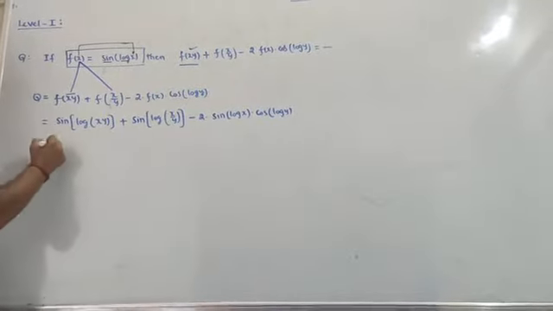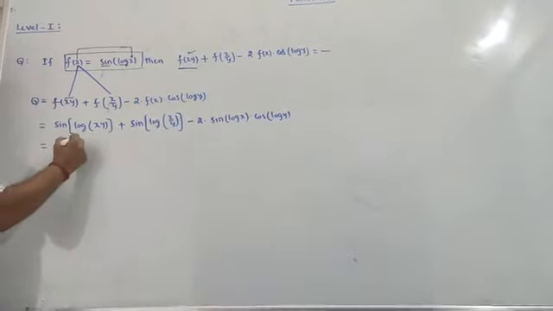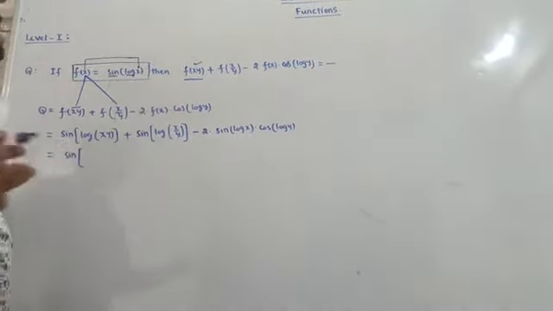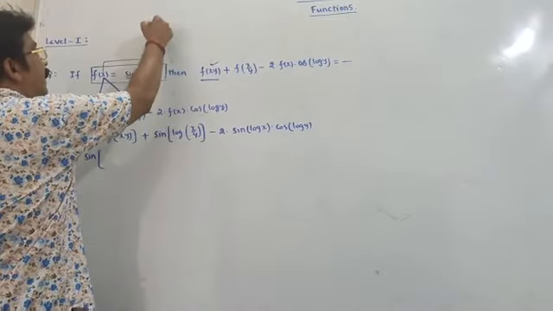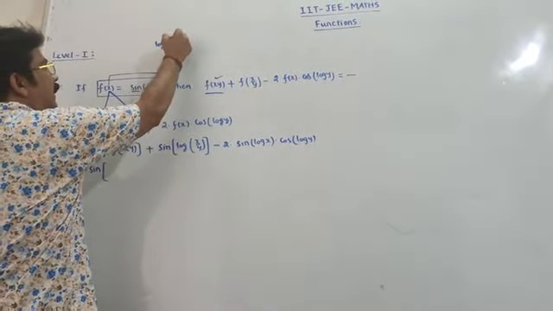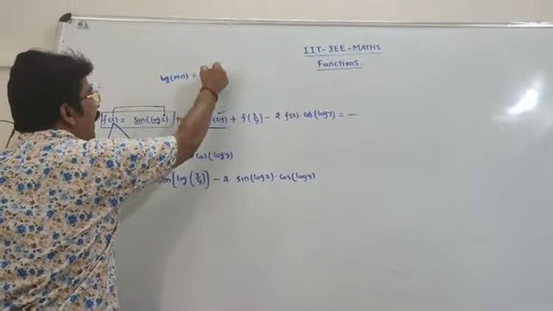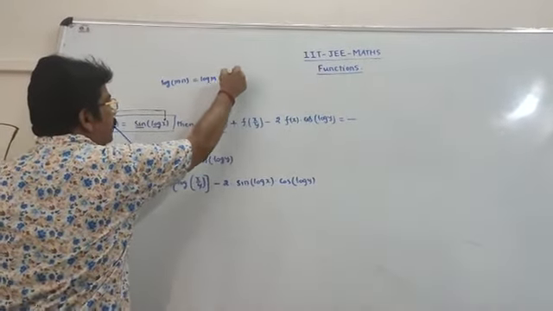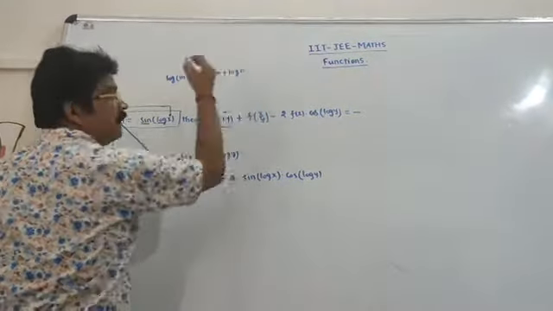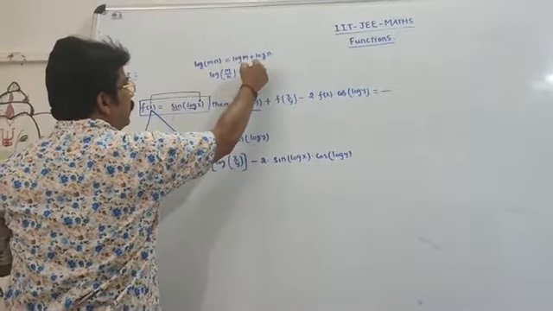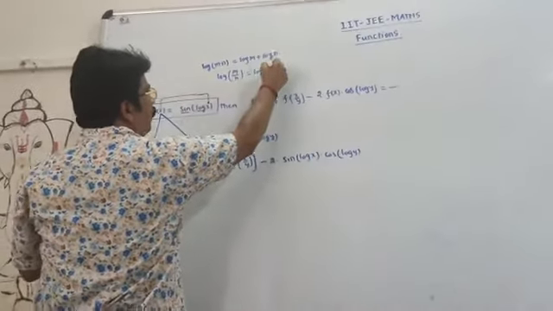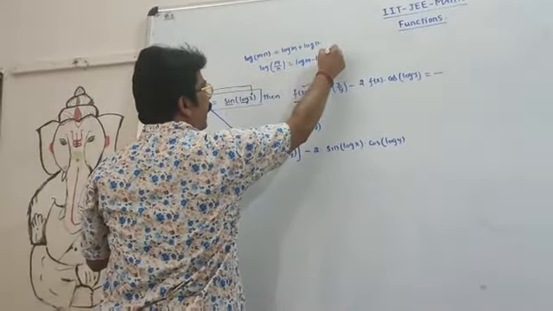So that is equal to sine of log of xy. Already we know the formula: logarithm of m into n is equal to log m plus log n, and logarithm of m by n equals log m minus log n.